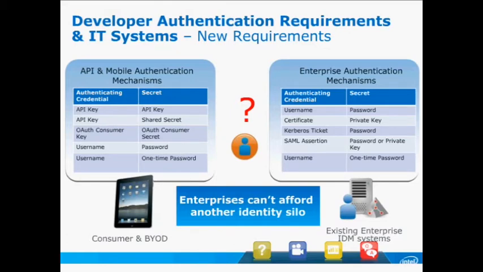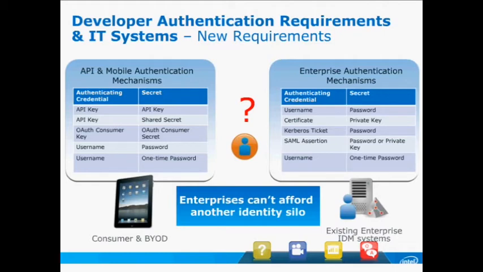You may be using SAML assertions and some other things for your internal web services or with legacy SOAP security models. On the other hand, on the internet, a lot of those things don't really exist.